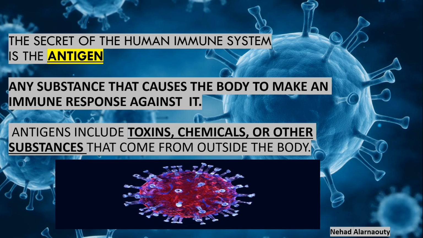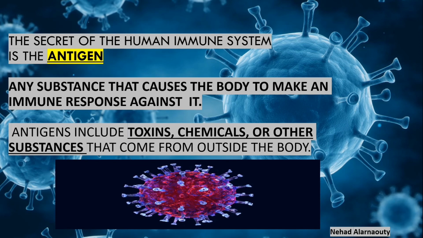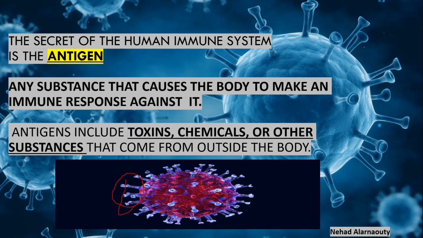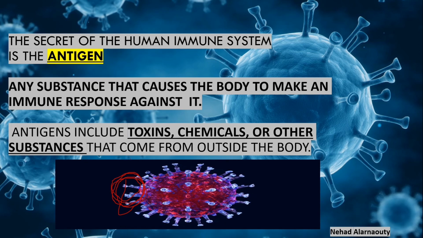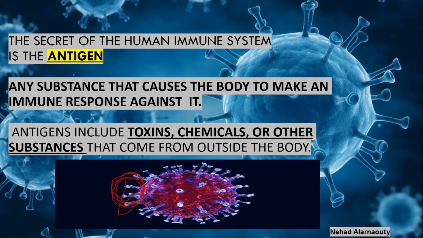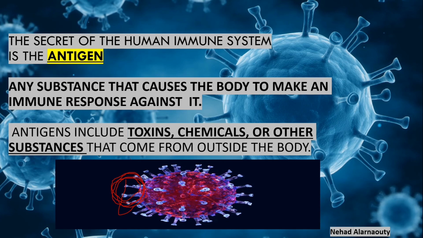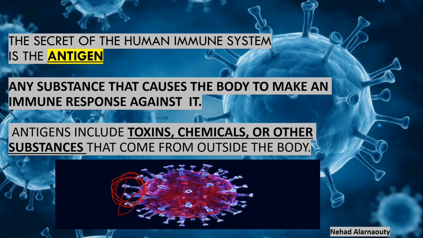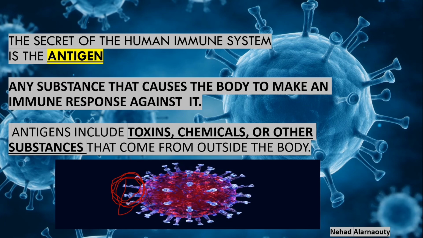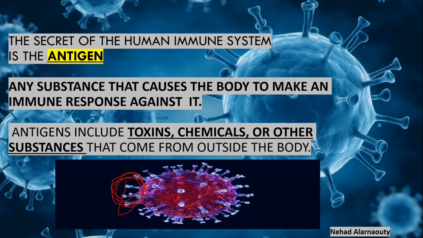And you can see here, the protruded parts, they are the antigens. Antigens are a kind of your ID. The ID shows your identity, that I'm not a part of this body, so the immune system starts to attack.